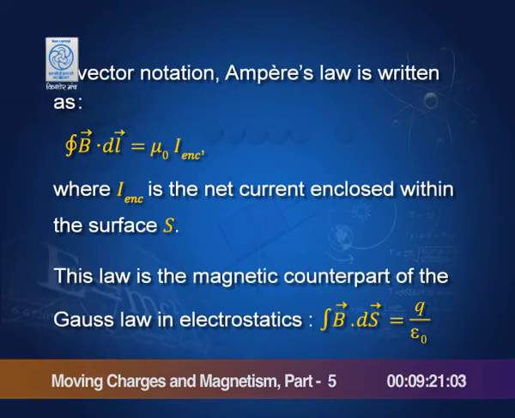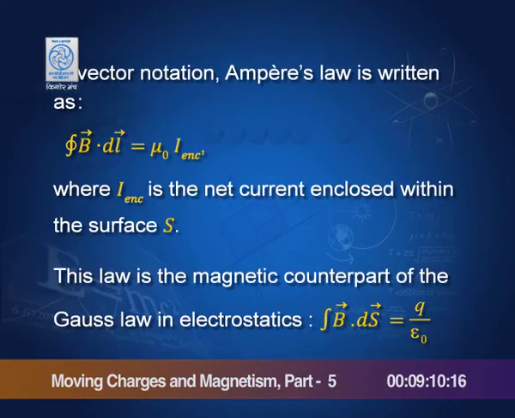Gauss law in electrostatics was E dot ds, where ds was the element of the surface, and E dot ds is the flux through this element of the surface. So, the total flux, the integral of E dot ds, is equal to q, the charge enclosed within that surface, divided by epsilon 0.